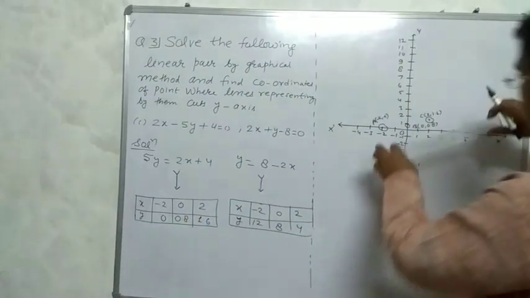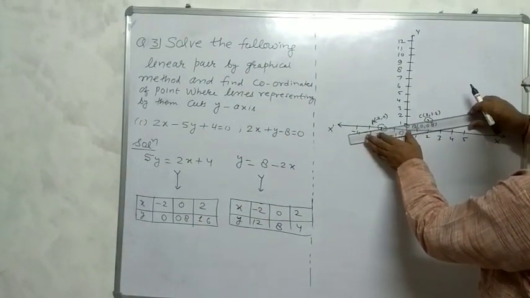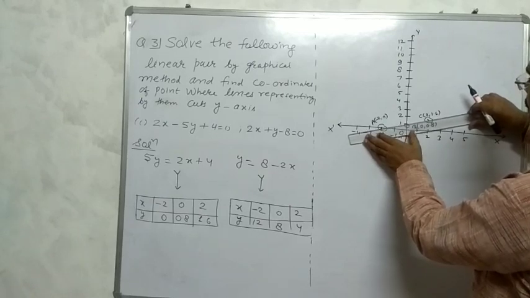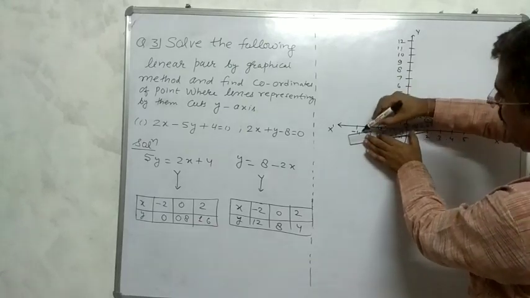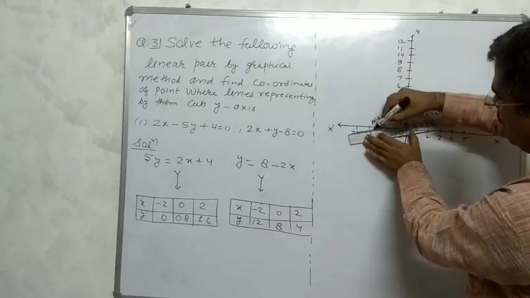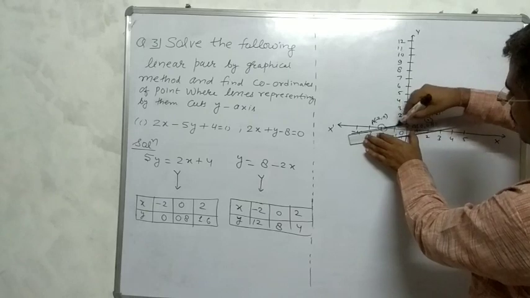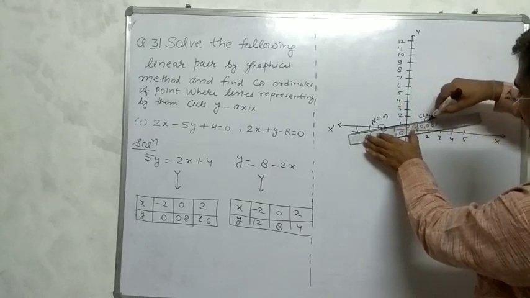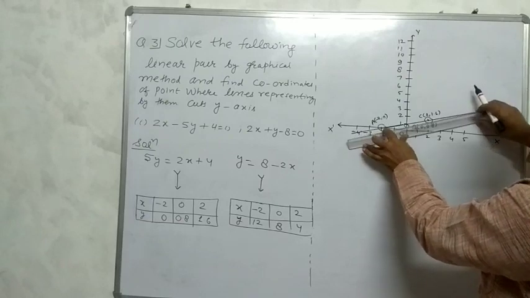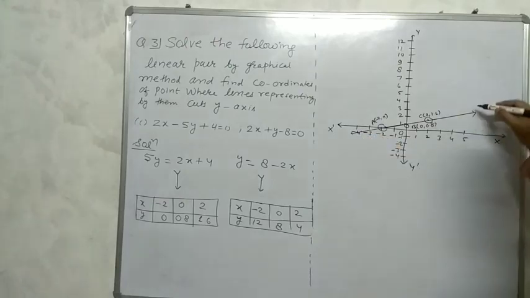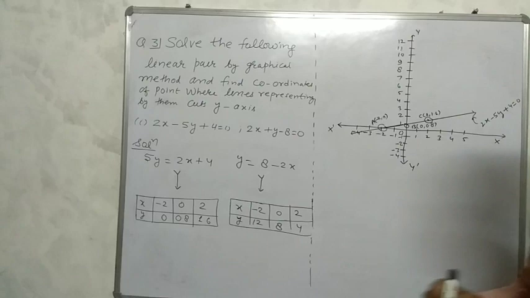We join these points and label this line 2x minus 5y plus 4 equals to 0.